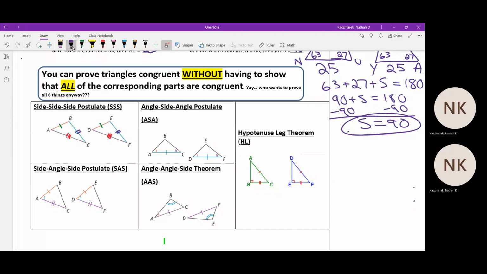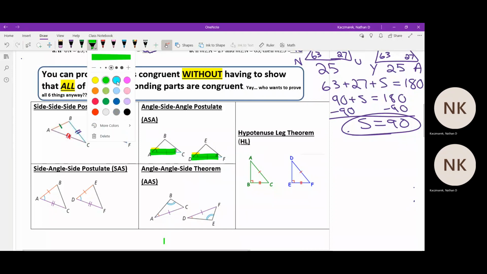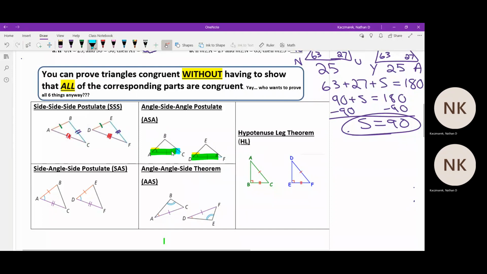Next, we have angle, side, angle. All right, so over here, notice that we have an angle. Those are congruent to each other. I've got a side that is congruent to each other. And then I've got another angle. It's in the name. And they're all in a row, right? Angle, side, angle.